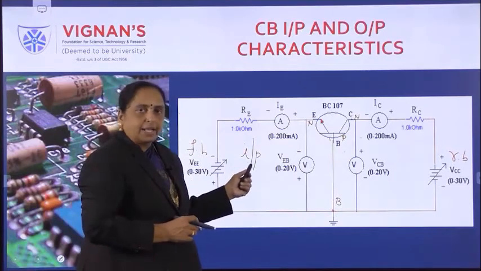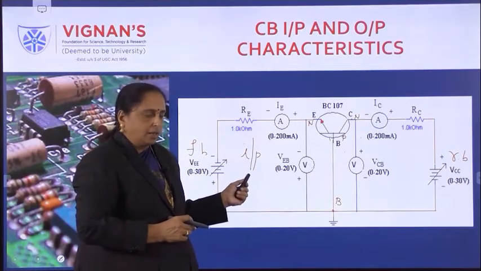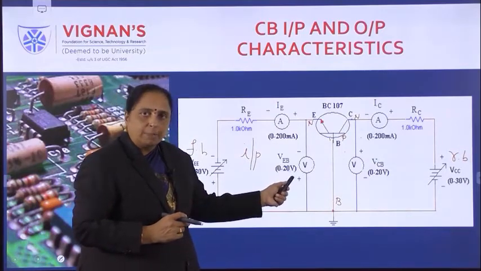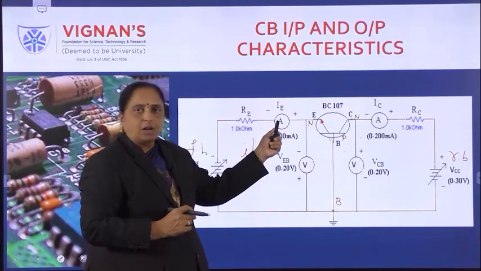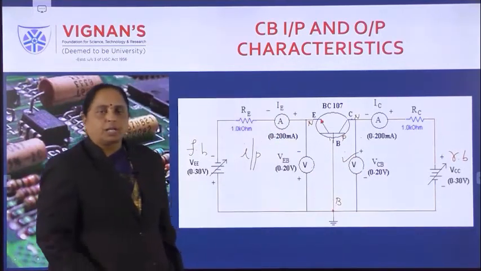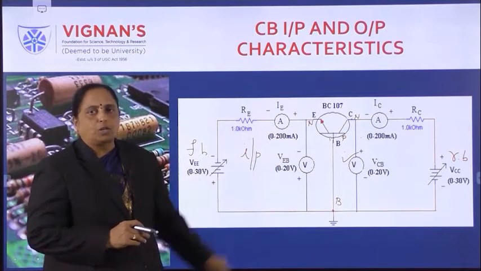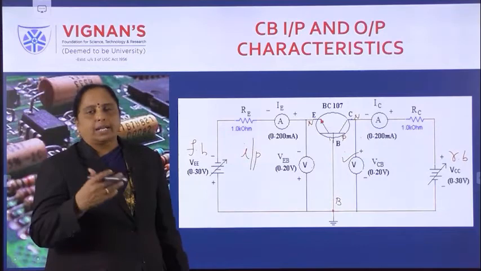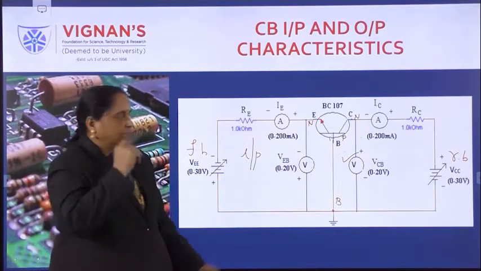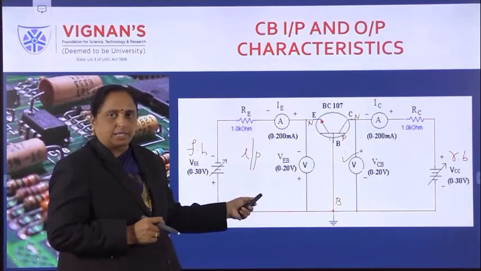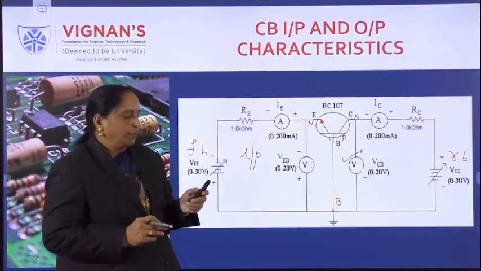They are defined as the graph which is drawn, or the characteristic curves drawn by taking VEB on x-axis and IE on y-axis by keeping VCB constant. If you put the output voltage constant, the input voltage and currents can be taken effectively. So the output voltage must be kept constant while doing input characteristics. So that is known as input characteristic.